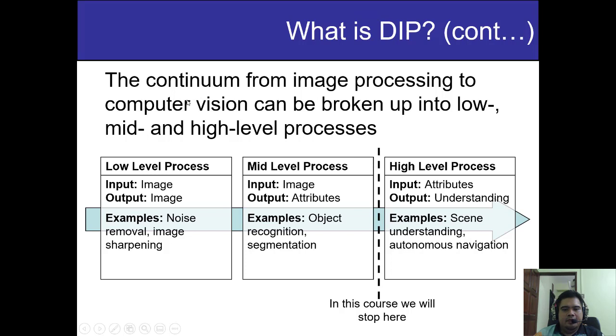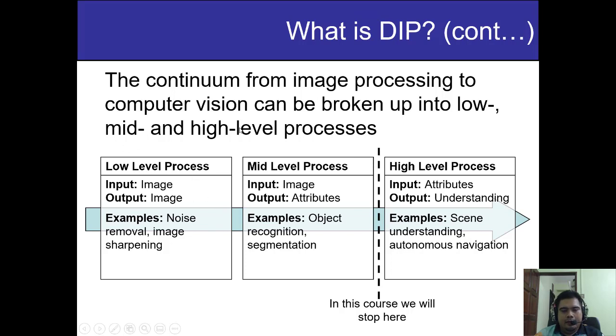Image processing is also called a low level process. That is why at the low level process, the input is an image. Any process where the input is an image and the output is an image is image processing.